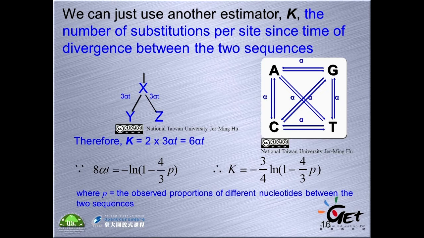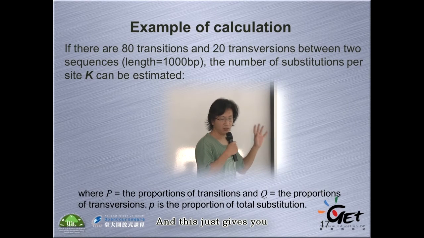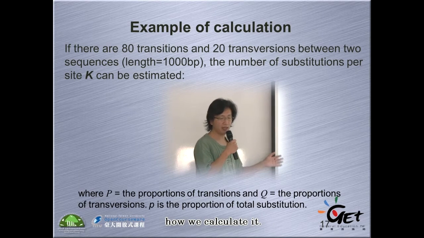So in other words, you can calculate K for each pair of sequences. For example, for Y and Z, you can calculate that K is equal to 6 alpha T. This is something already mentioned, so I don't need to go into that detail. This just gives you an example of how we calculate it.